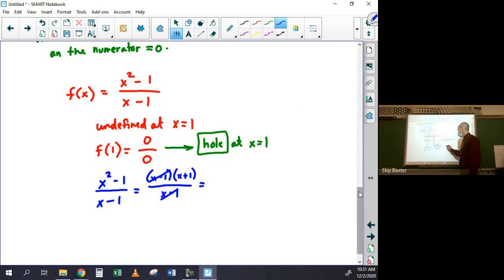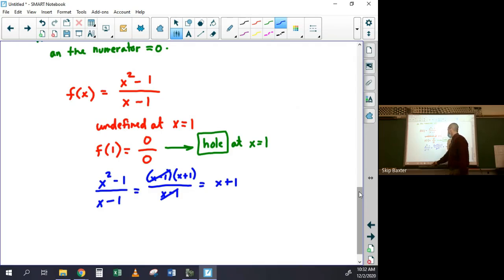So this function looks exactly like the simplified function at every single point, except at 1. At 1, this one's undefined and this one's not.